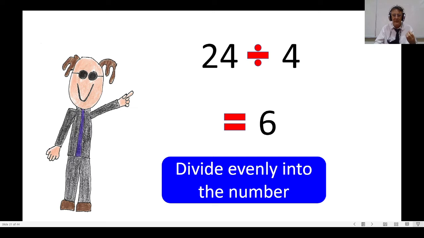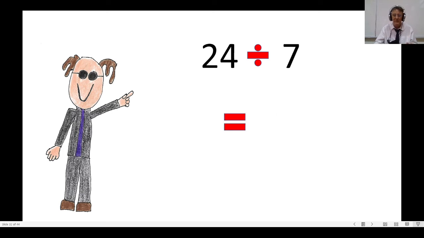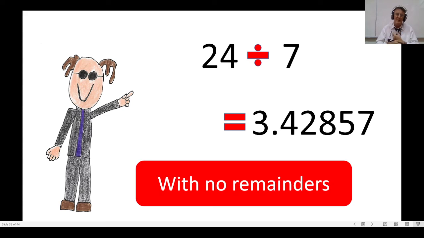Every number must divide evenly into the number. The factors are the numbers that divide evenly into the number with no remainders. For example, 24 divided by 7 equals 3.42857 and on forever.